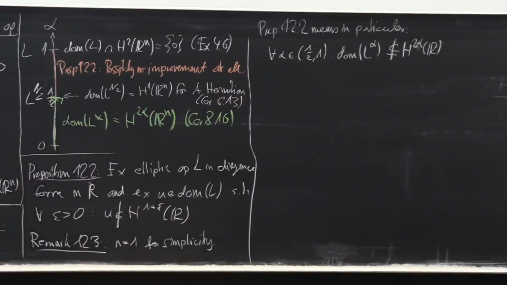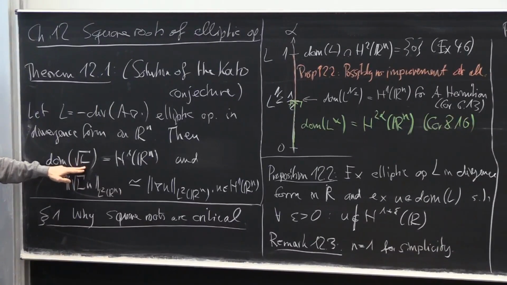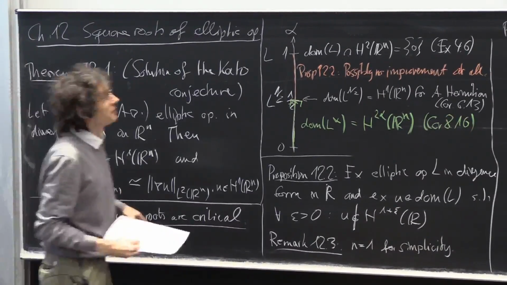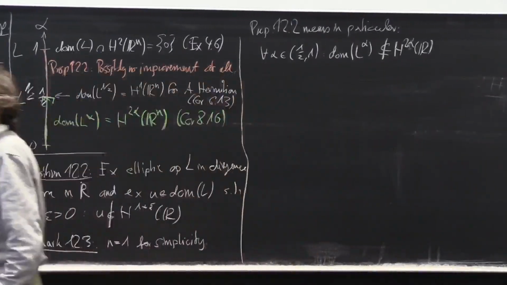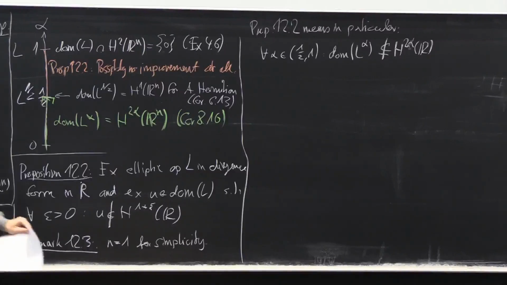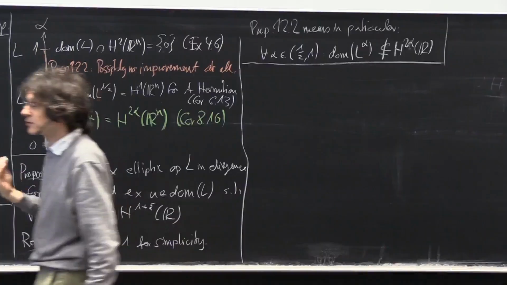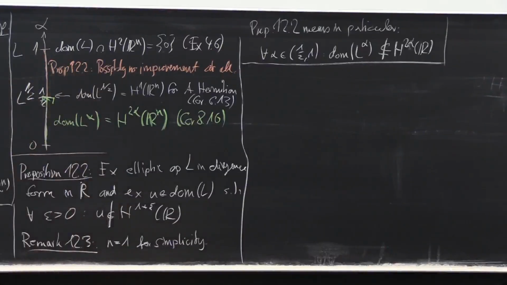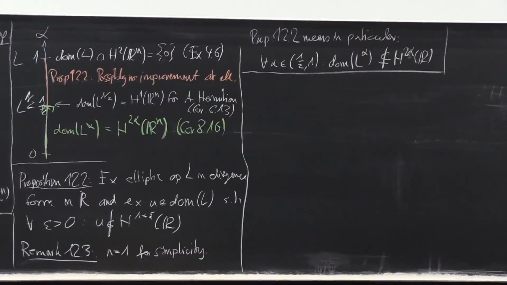A result like this one for higher fractional powers of L is out of reach. So as soon as alpha is greater than 1/2, you will not get a result like that. So this is the reason why square roots are critical. The square root is the limiting case, and the question is, does it work out or not? And the answer is yes, but this is some hard work and a very powerful result.